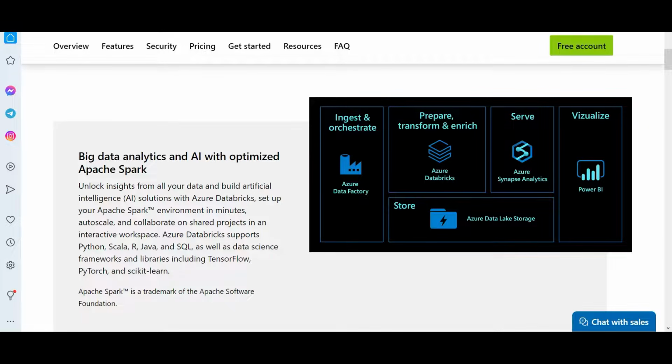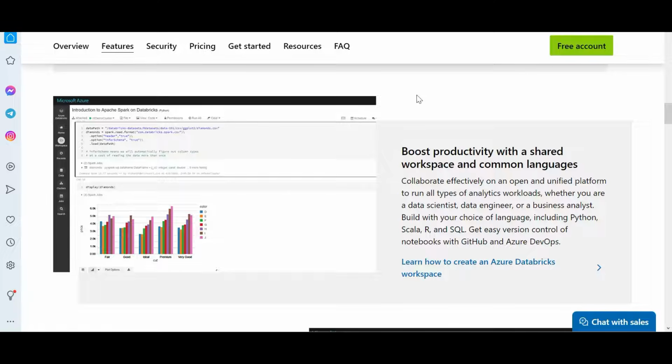And Apache Spark is purely for big data analytics and AI with optimized Apache Spark. This is my experience: if you use very large data with SQL based databases, then the processing is very slow.